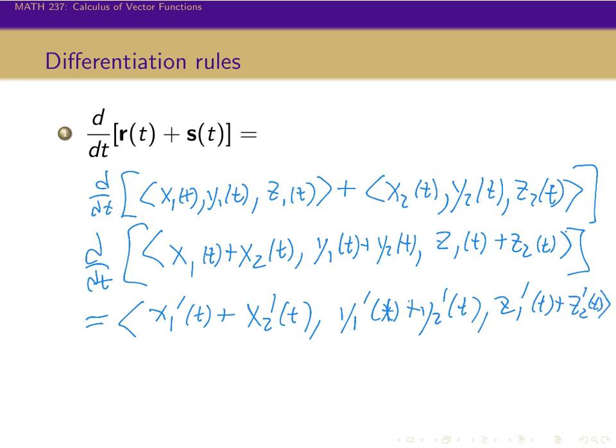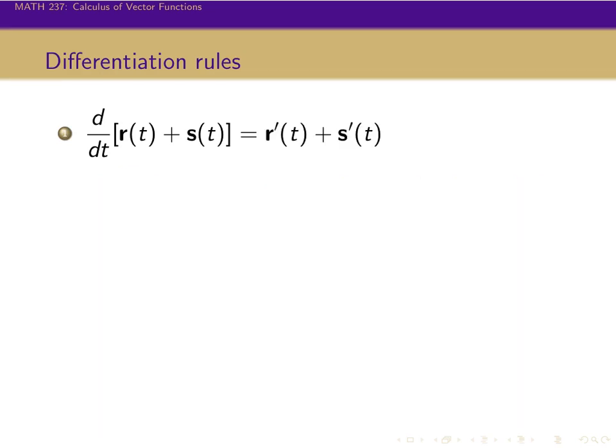And then at this point, we could break up the x1s, y1s, z1s from the x2s, y2s, z2s, and we end up back with r prime of t plus s prime of t. So, to make a long story short, same as before, the derivative of the sum is the sum of the derivatives.